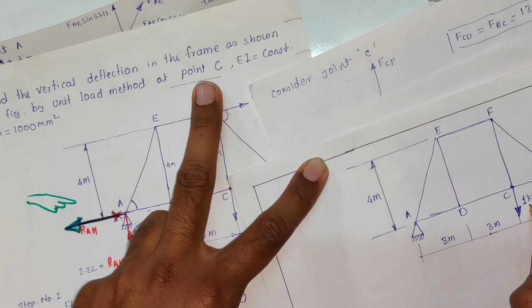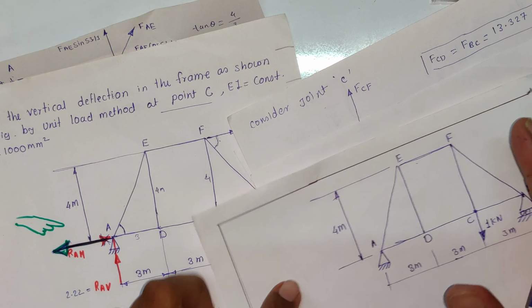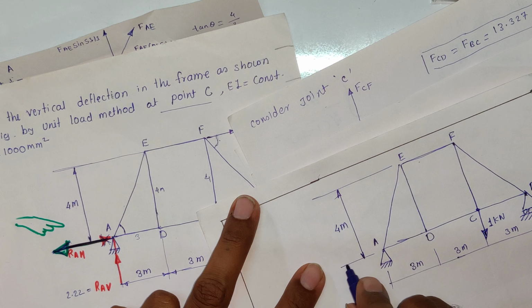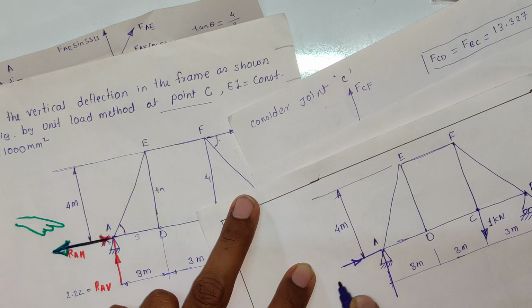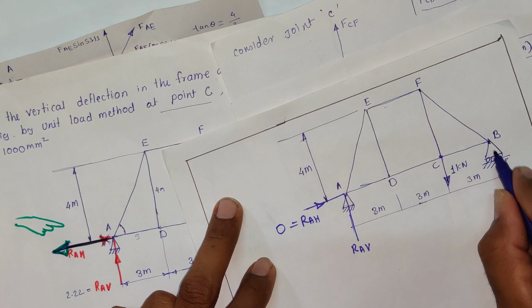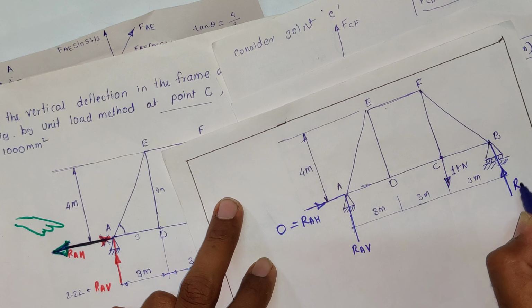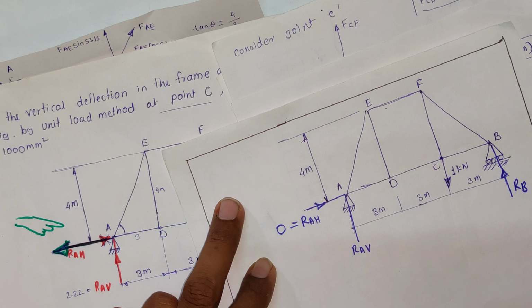So after applying unit load at joint C, you just consider only reactions, no other external forces. This is RAH, I'll write RAH 0 because there is no horizontal force. RAV. This is RB, right?